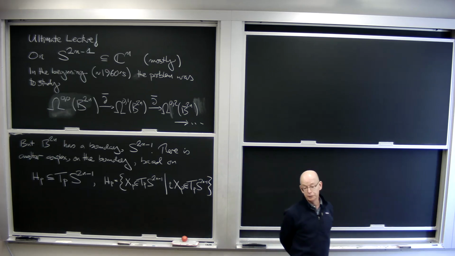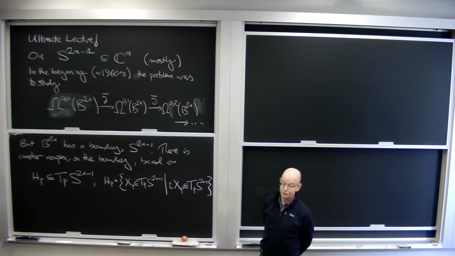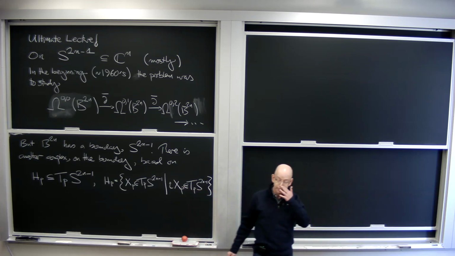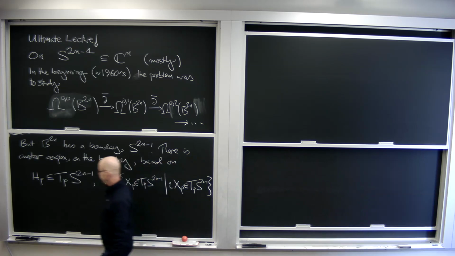So i times the unit normal vector at any point is tangent at that point because it's orthogonal to the normal vector. And inside the tangent space, you can look at the orthogonal complement of i times the normal vector. Everything is orthogonal to the normal vector by definition, but not everything is orthogonal to i times the normal vector, and that's what we're talking about here. And so there is this subspace, H.